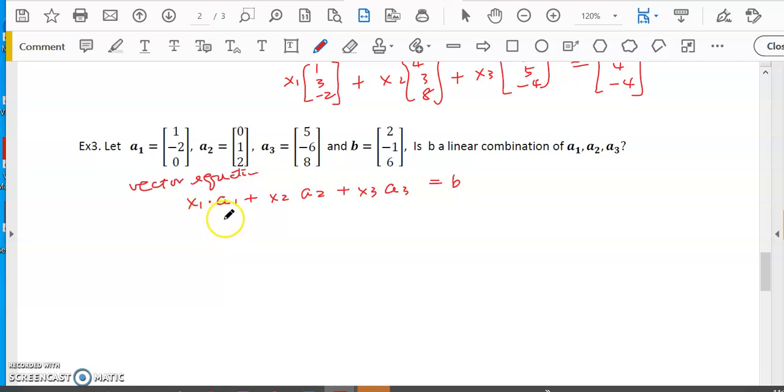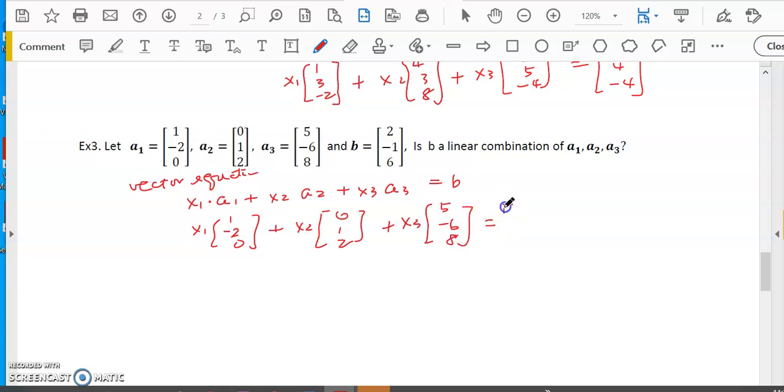But earlier we showed that a linear combination, a vector equation, is actually just a system of equations. So that means x1 times (1, -2, 0) plus x2 times (0, 1, 2) plus x3 times (5, -6, 8) is equal to (2, -1, 6).